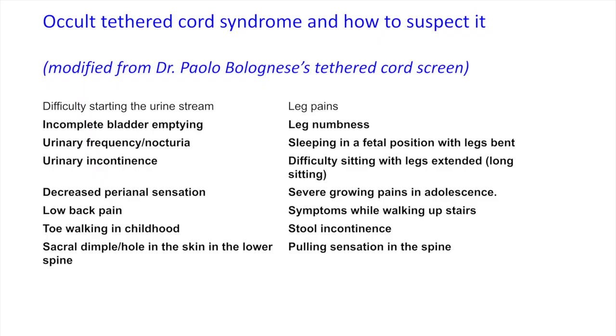And occult tethered cord means that there isn't an obvious abnormality on the MRI. Many of these patients can be confirmed to have this problem by getting urodynamic studies. There has been less published on occult tethered cord than on, say, Chiari malformation, but this is a growing area of interest and concern, and can lead to nice improvements in overall function.